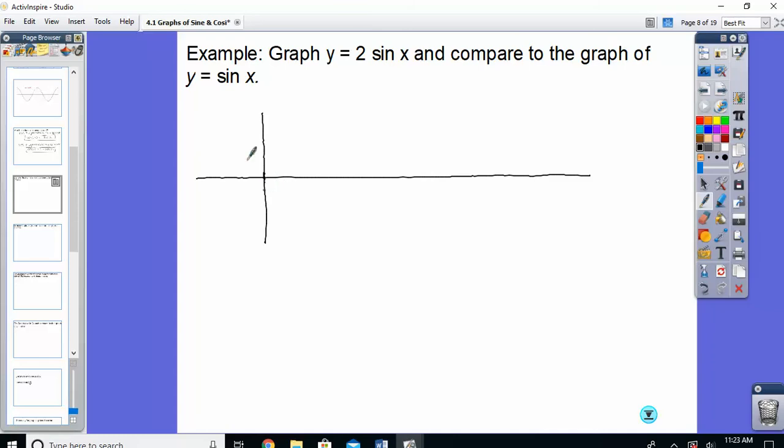We're starting at 0, and then we have pi over 2, pi, 3 pi over 2, and 2 pi, just like if you're going around the unit circle, those x and y axis points. Please try to space them evenly.